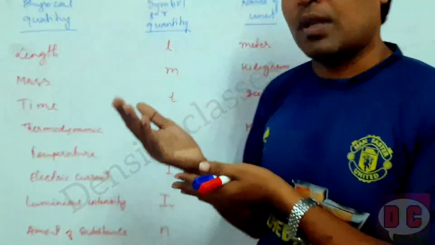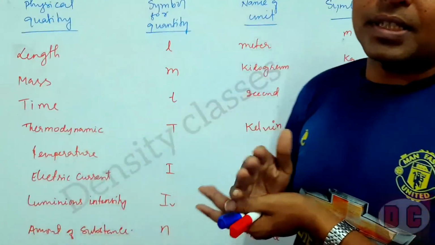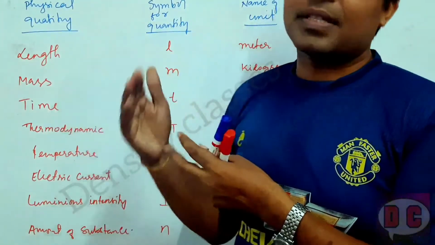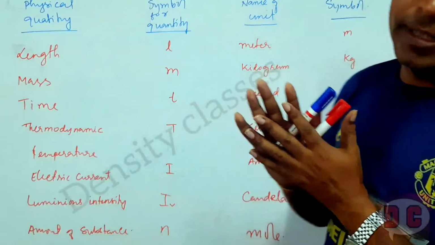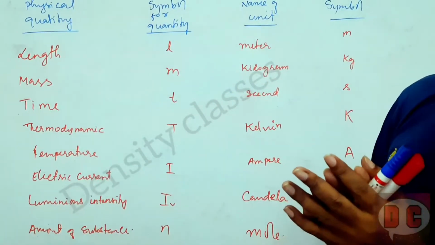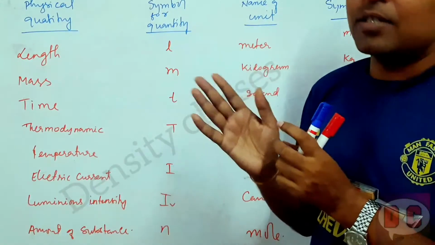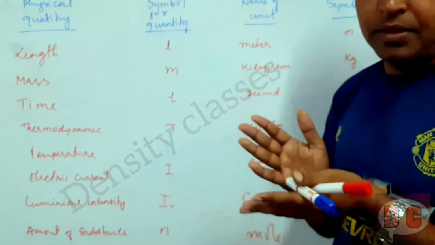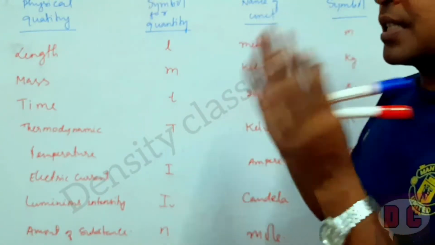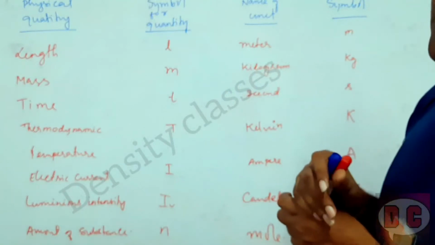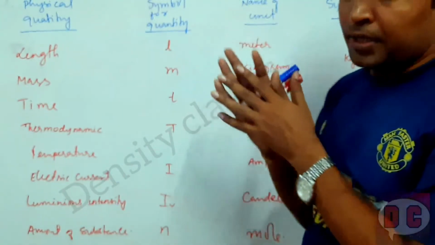Those are called what? Units. Okay, got it? And in France there is an organization by the name French Academy of Science. They take care of all these units.